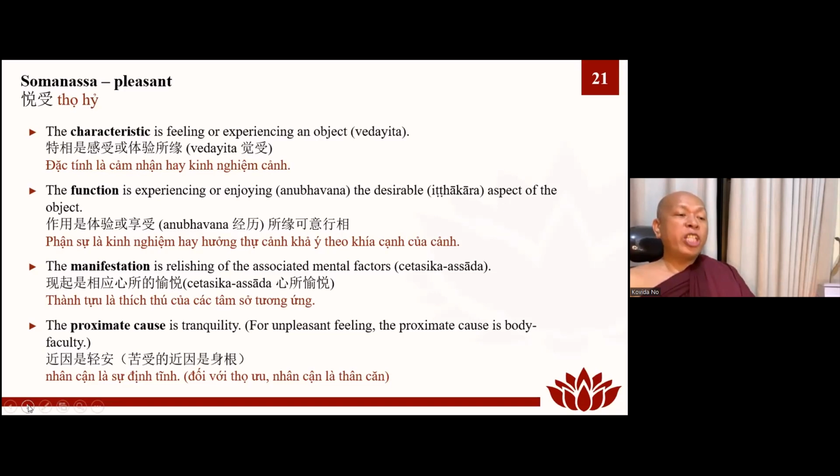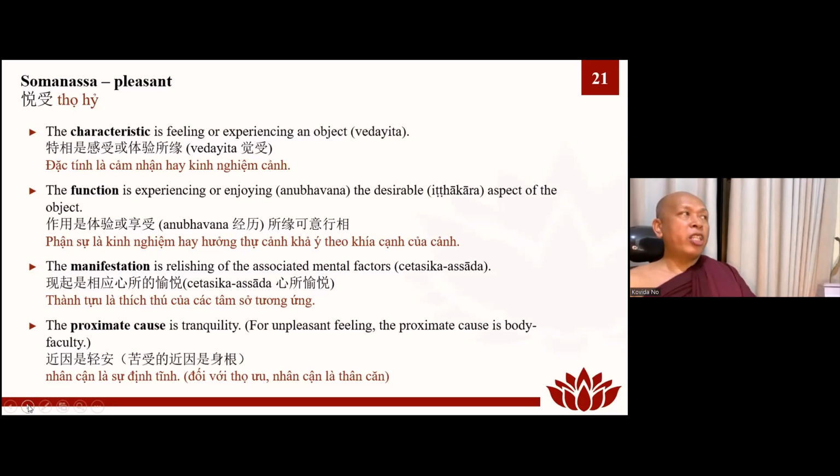Then the manifestation is the relation of the associated mental factors. Then the primary cause is tranquility. For unpleasant feeling, the primary cause is the bodily faculty. All right? Anyway, here we talk about somanasa, pleasant feeling.